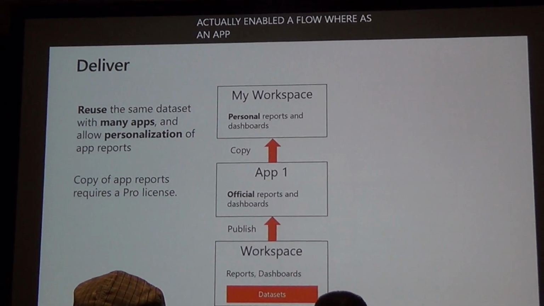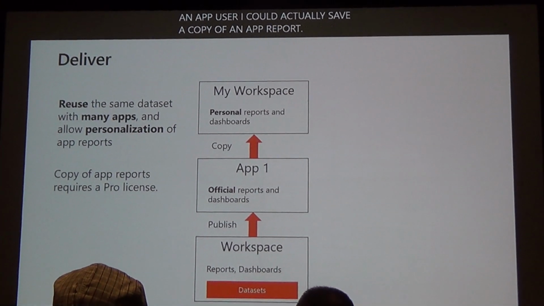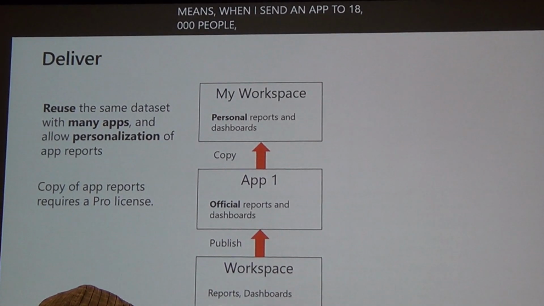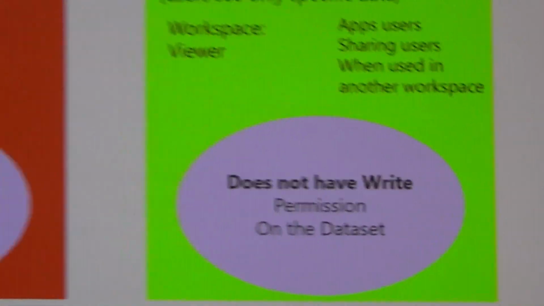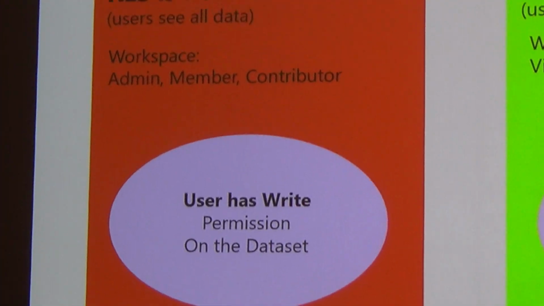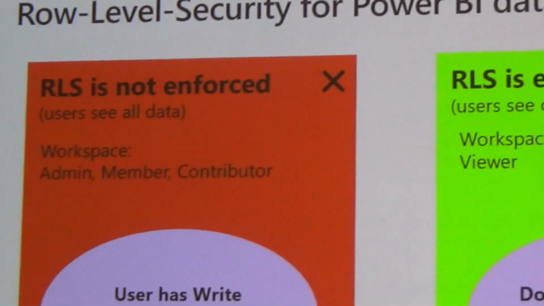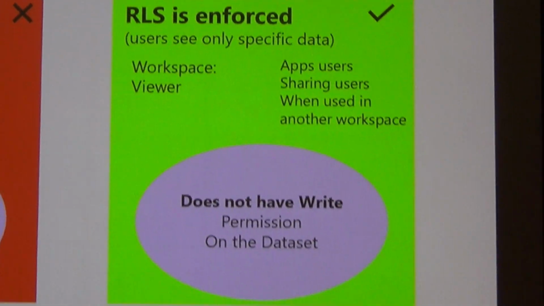What that means is, when I send an app to 18,000 people, let's be honest, I didn't design it for each individual person. Each individual person has their own job, their own problem. About curating those enterprise data sets, we also think about which workspace they live in and who are members of that workspace, which security groups have access, and how you manage that so that you're rolling that out appropriately.